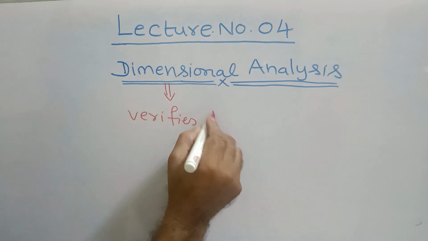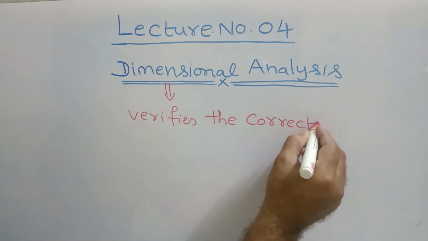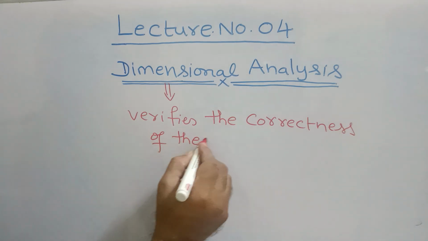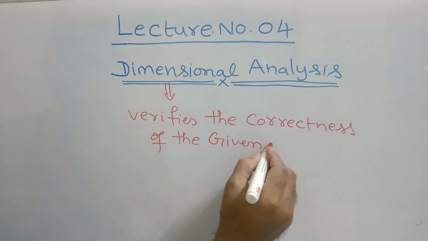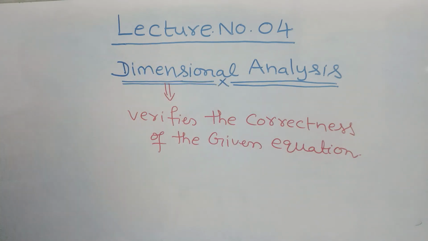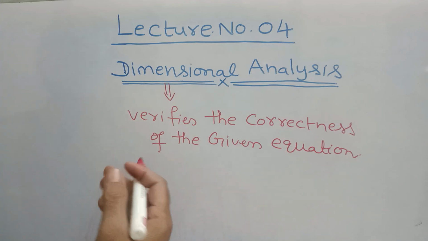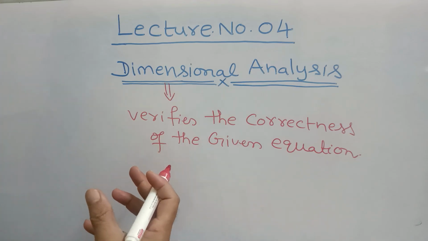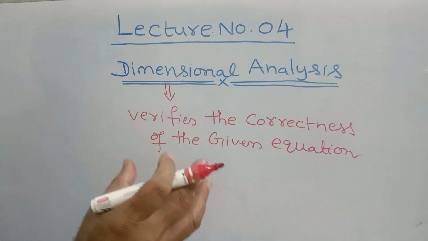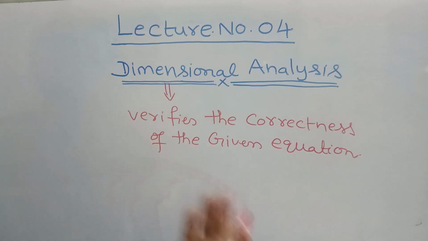It is used to verify the correctness of the given equation. Very simple. Because our physics obviously consists of so many formulas and so many relationships, sometimes we need to check the equality or the correctness between the given equations.